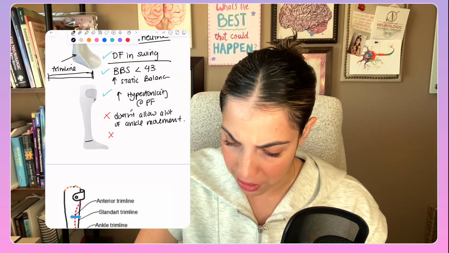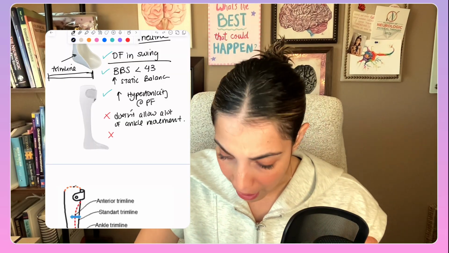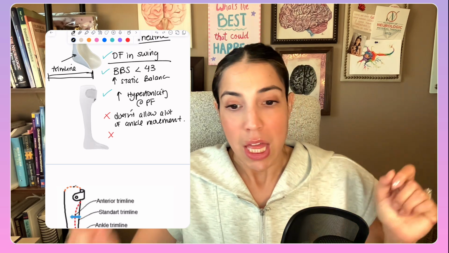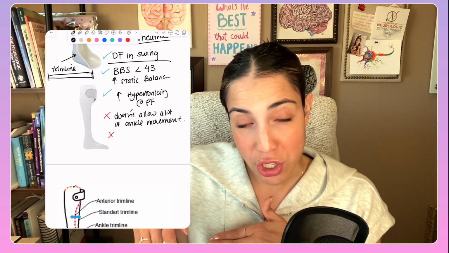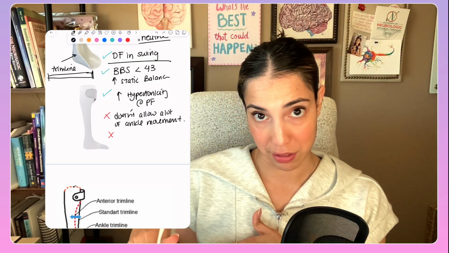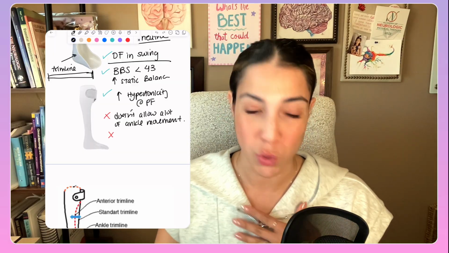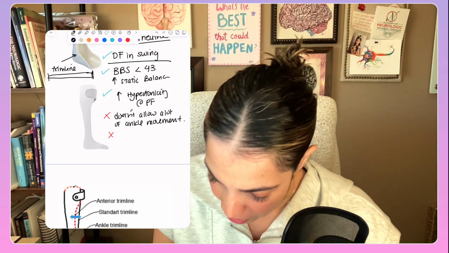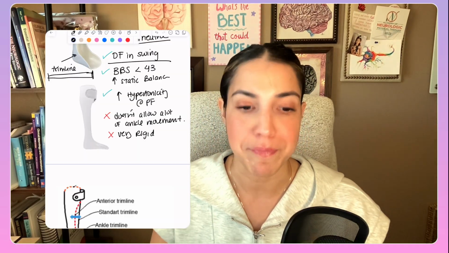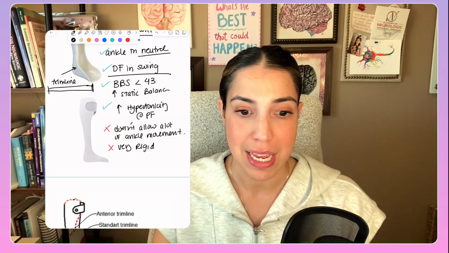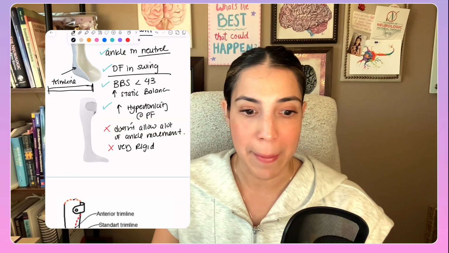You probably have seen this, but these ones do not have. And so the control that this orthosis is going to provide to the patient is through the trim lines and obviously through the thick material. So it's very, very rigid. Very rigid plastic.